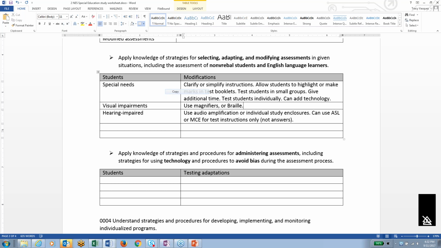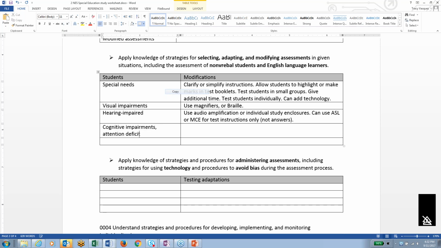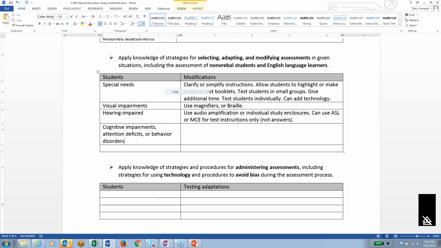How about students who may have cognitive impairments or attention deficit or behavior disorders? Oh, what's that?